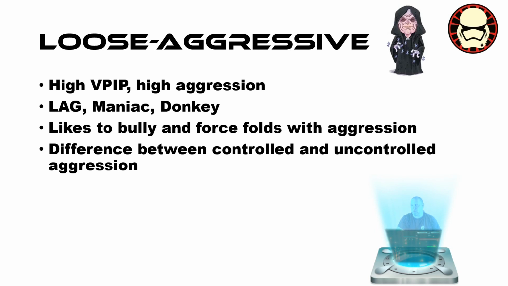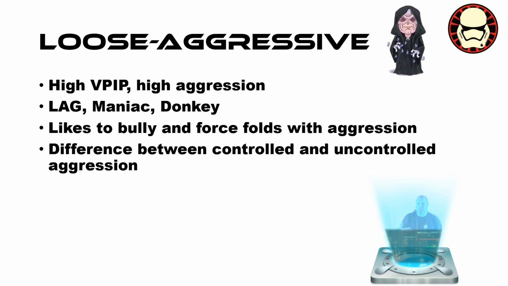And the first thing when you have these loose aggressive players on the table is to figure out whether the aggression is controlled or whether the aggression is uncontrolled. And the difference is that uncontrolled is just saying, forget ranges, I'm going to pot. So uncontrolled aggression means that he doesn't think about ranges.